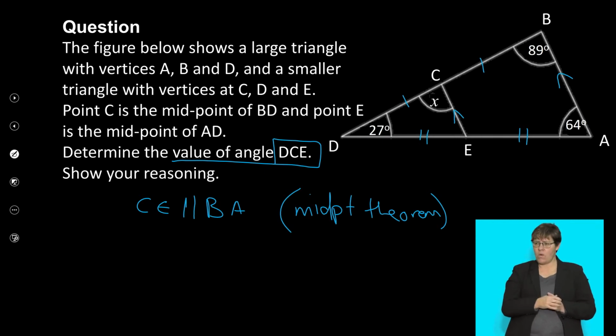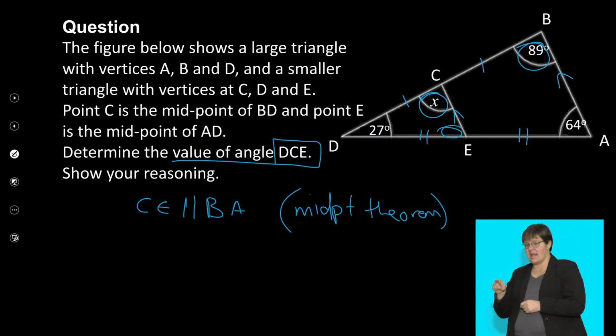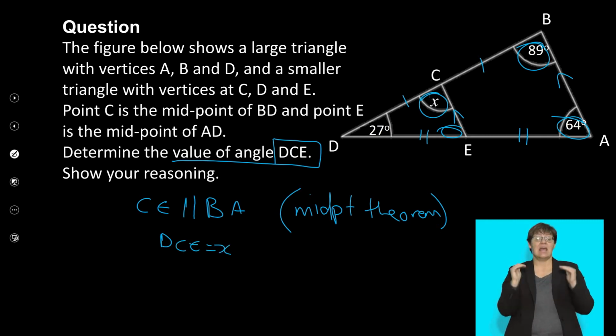And then if I know that, then I know that the value of X will be corresponding with the value of B. And then this angle E there will be corresponding with angle A. So as a result, I will then say that my angle DCE, which is the same as X, will be equal to the angle B, and that is actually equal to 89 degrees.